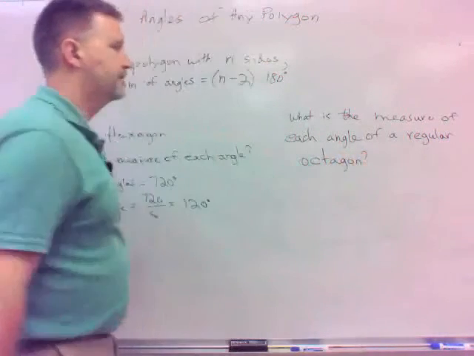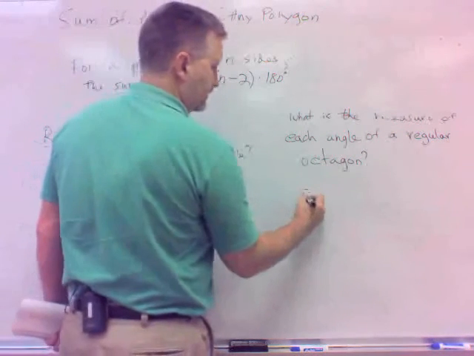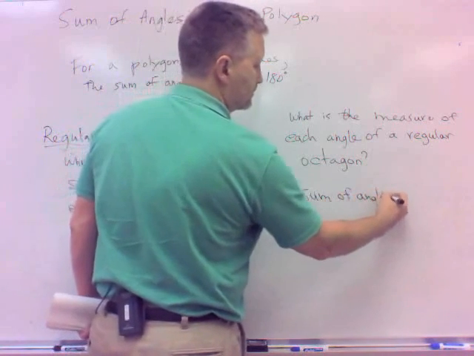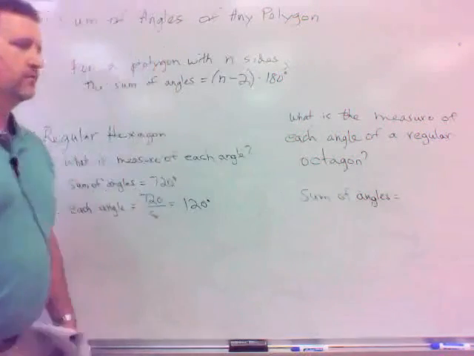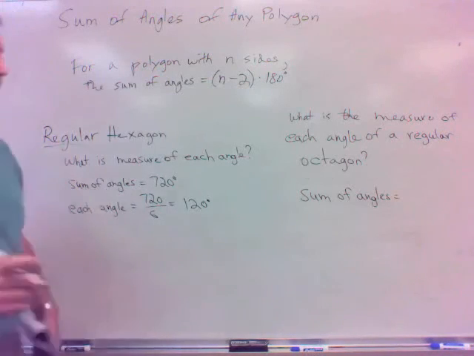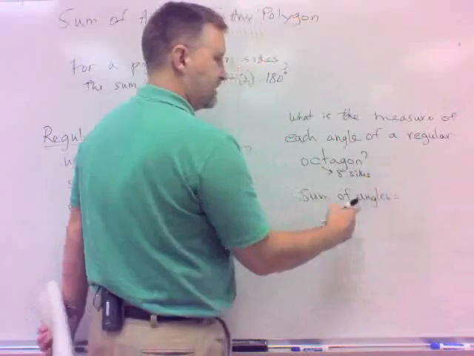What is the measure of each angle of a regular octagon? This is a 2-step process. The sum of the angles of a regular octagon would be what? Well, how many sides am I talking? Octagon? 8 sides.